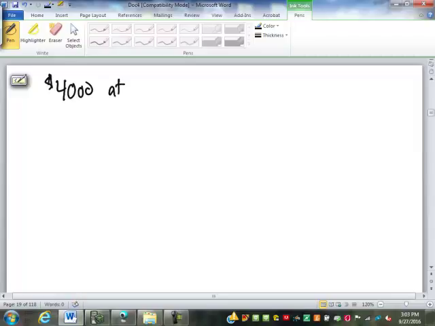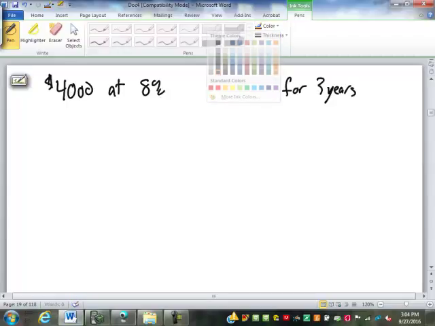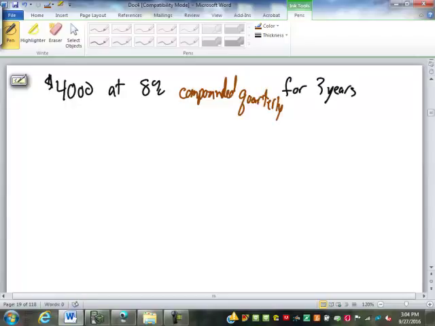$4,000 at 8%. I'm leaving a little space there. For 3 years, I'm adding the phrase here, compounded quarterly. What's compounded quarterly mean? Every quarter or every 3 months, they figure out the interest and add it in.